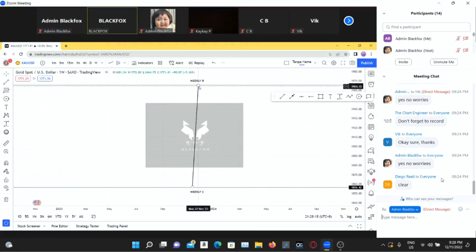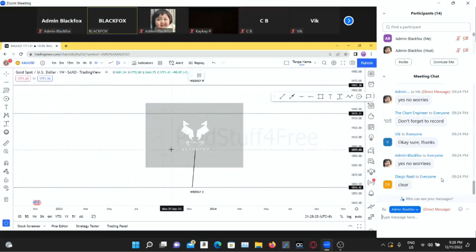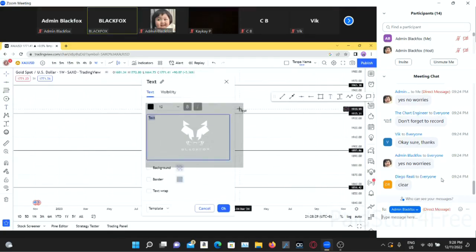It needs to go through a roadblock first. So the roadblock for weekly is daily. Daily is the roadblock. So this one is daily resistance.